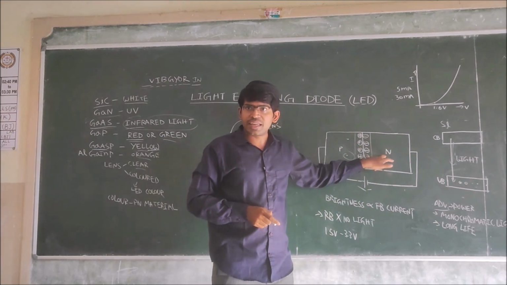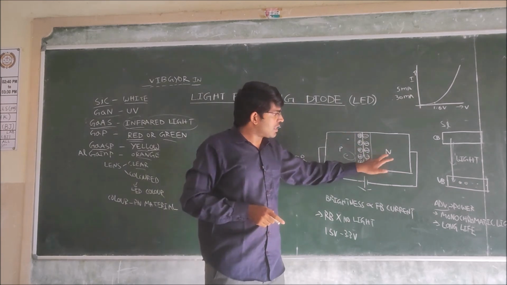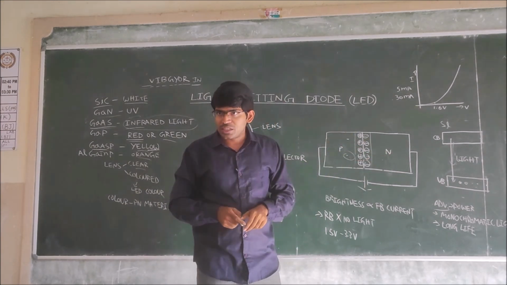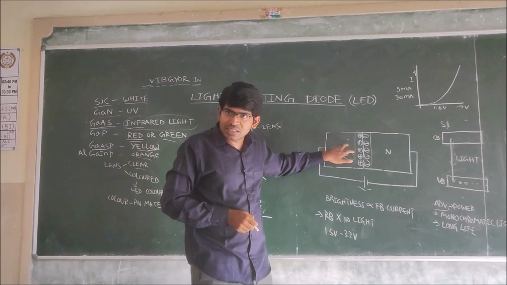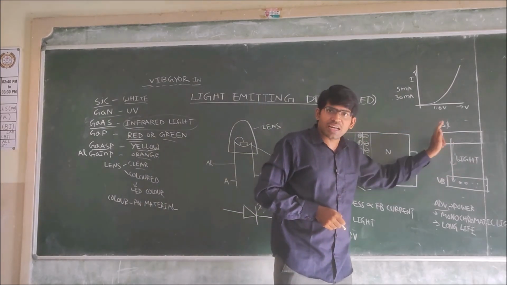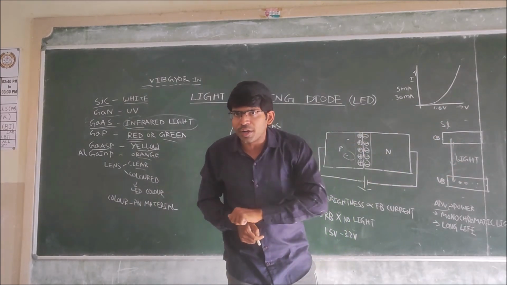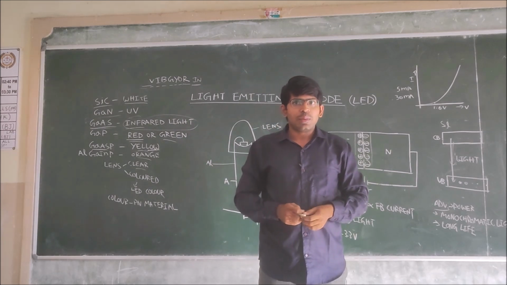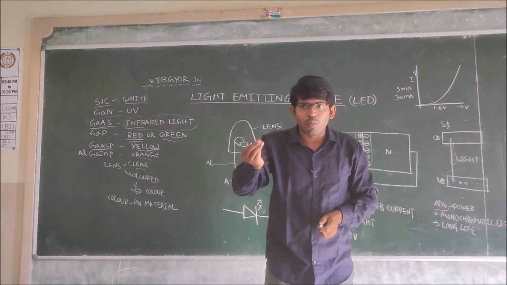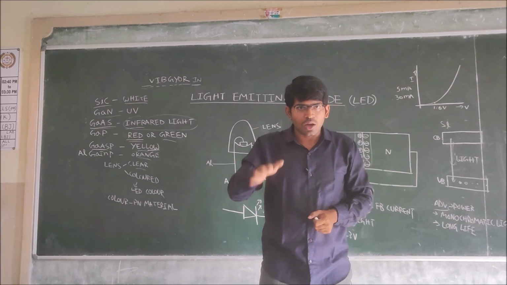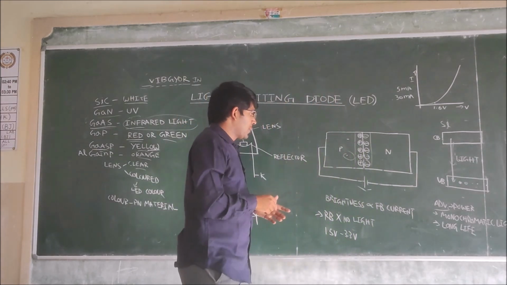Here the majority carriers are electrons. When the electrons are moving from N region to P region, the free electrons, after releasing the energy, are recombining with the holes in the covalent bonds by releasing the energy in the form of light. This is how our LED is working.